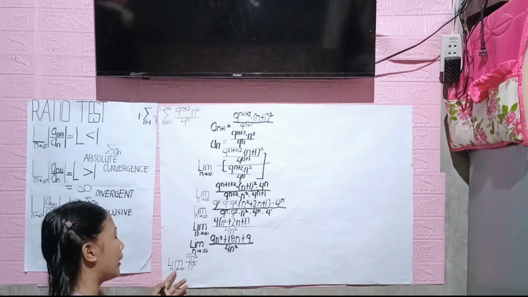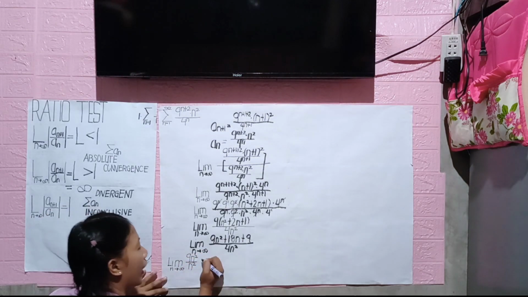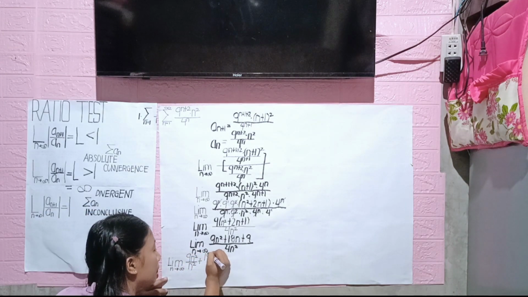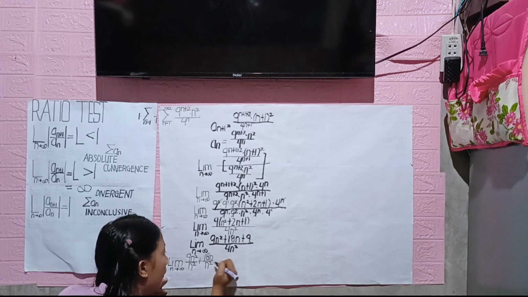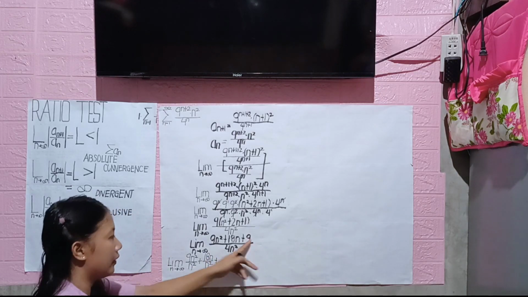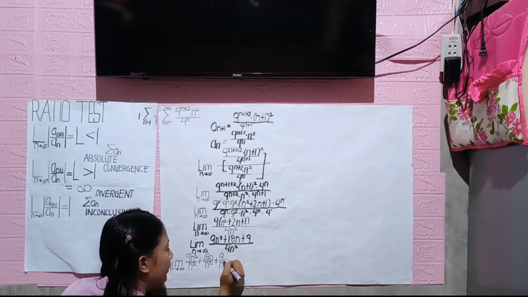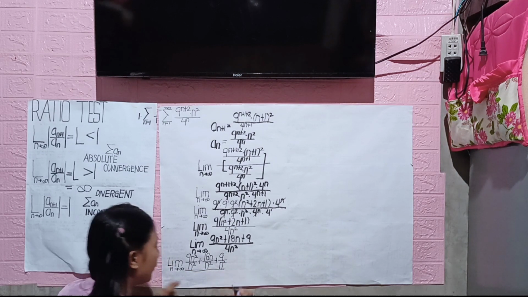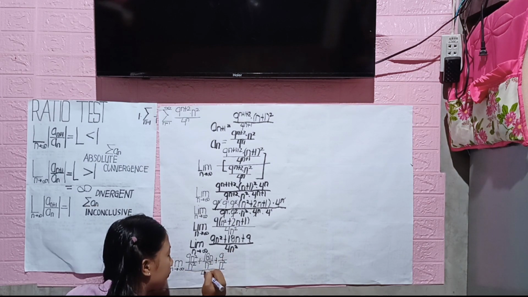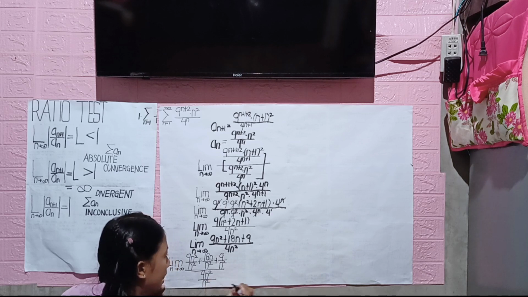So, limit n goes to infinity, 9n squared divided by n squared plus 18n divided by n squared plus 9 divided by n squared over or divided by 4n squared divided by n squared.